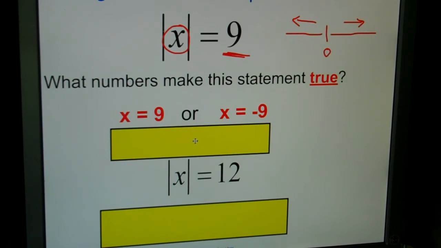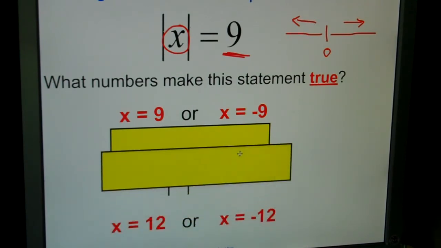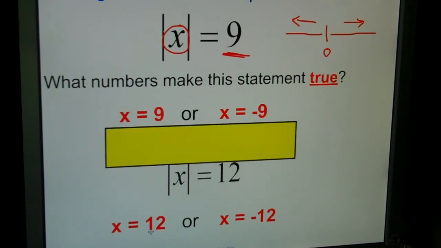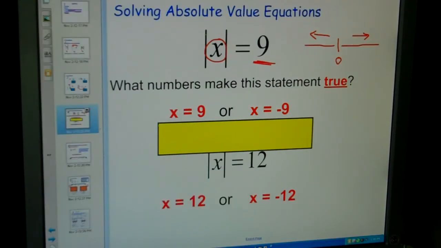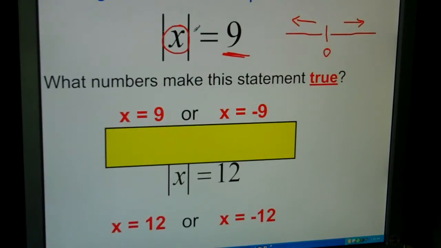All right, the next one. The absolute value of x has to equal 12. I want to know what numbers will give me a distance of 12 from 0. I can go to the left or to the right. If I look at my number line, there are 2 answers. I can have positive 12, that's 12 spaces from 0, or I could have negative 12. If I put negative 12 in here, the absolute value of negative 12, does that equal 12?